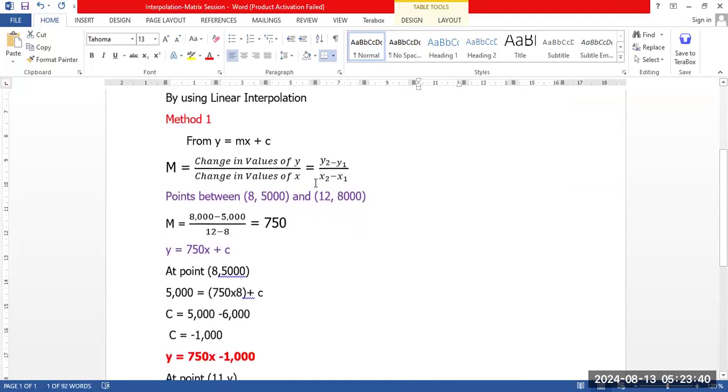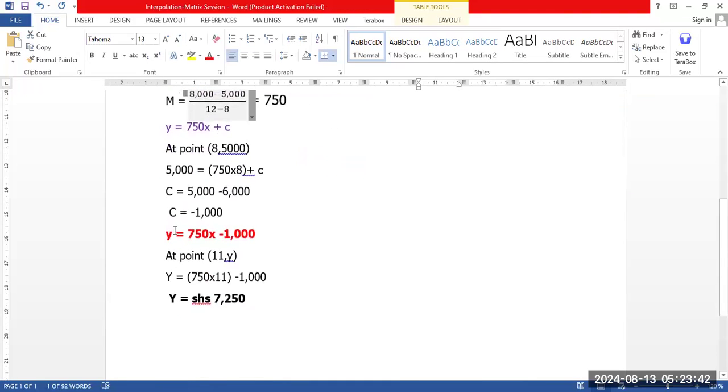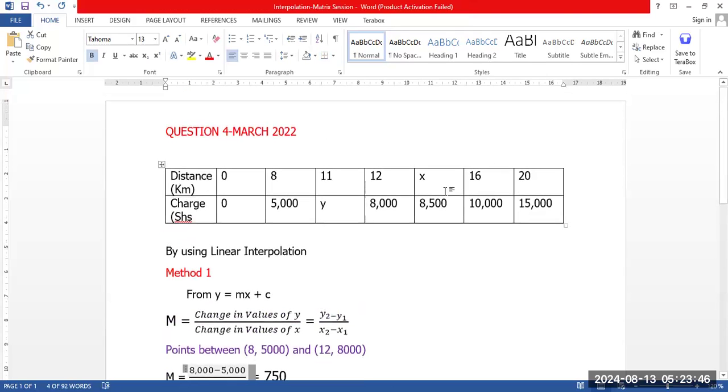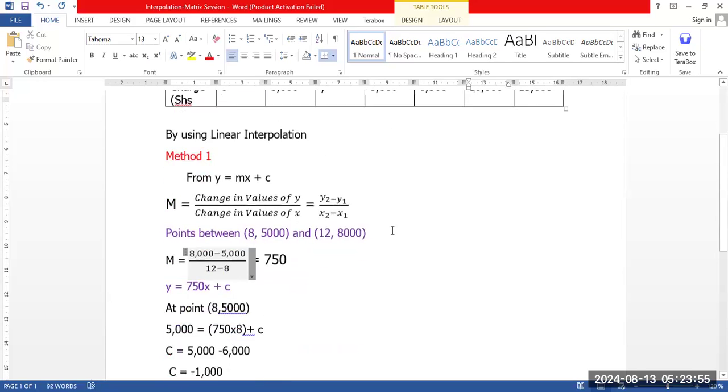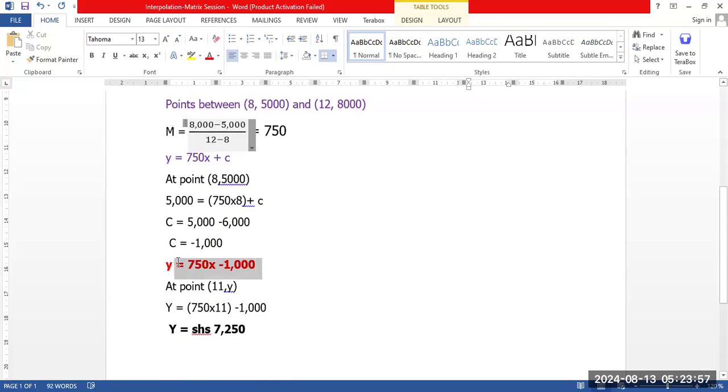Even if you get the gradient using different pairs of points, you will still realize that at the end you have the same linear relationship.